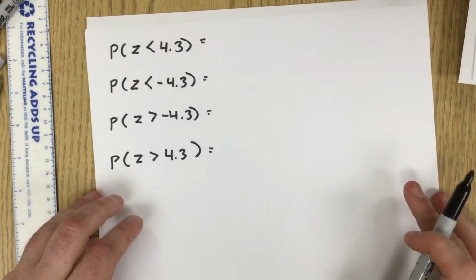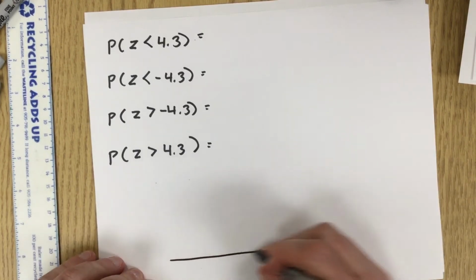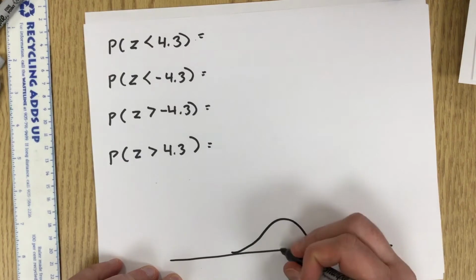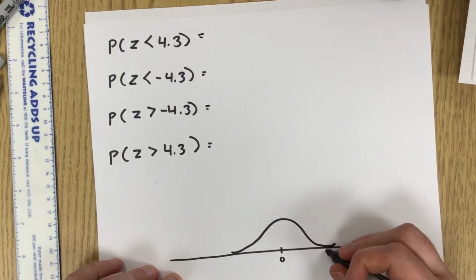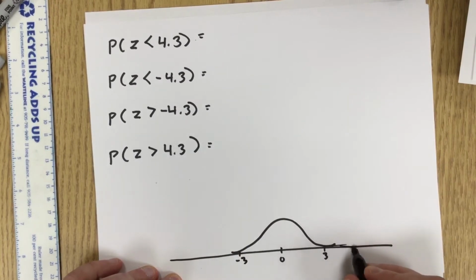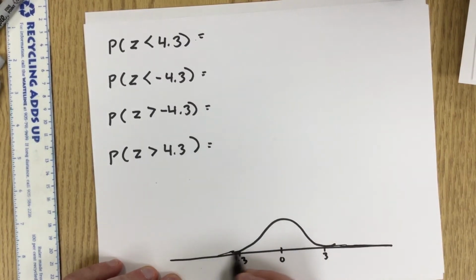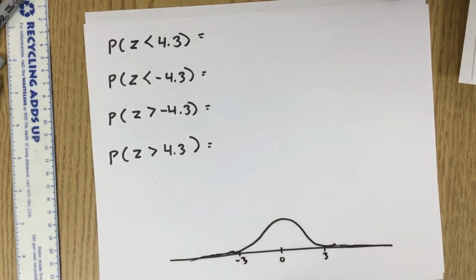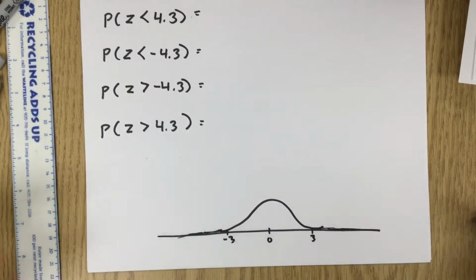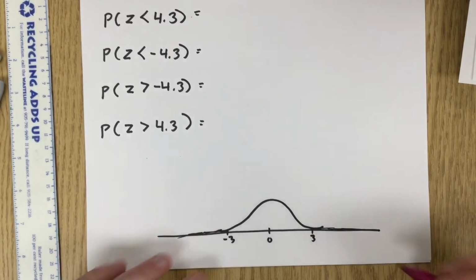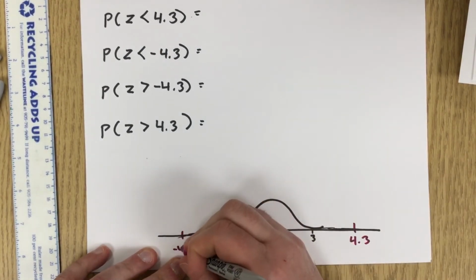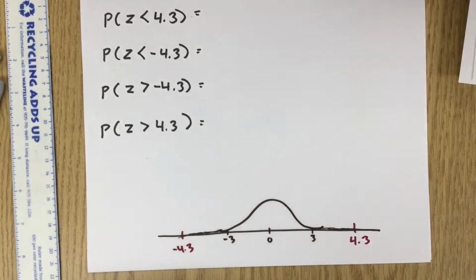So I'm going to draw kind of, so what we have, so here the z-score is 0, here the z-score is 3, here the z-score is minus 3, and I mean it keeps on going, it just asymptotically approaches 0 as we get farther out. And then our numbers here, we have z-scores of 4.3 and z-scores of minus 4.3.